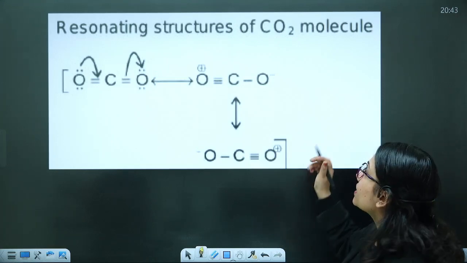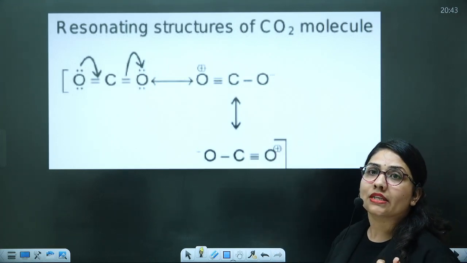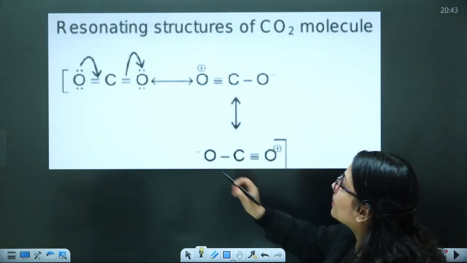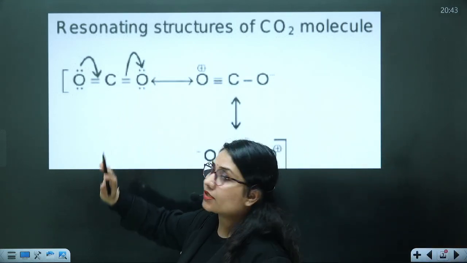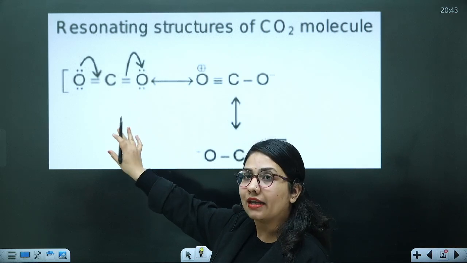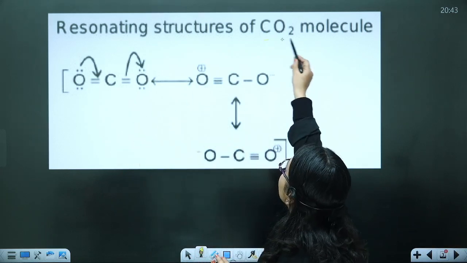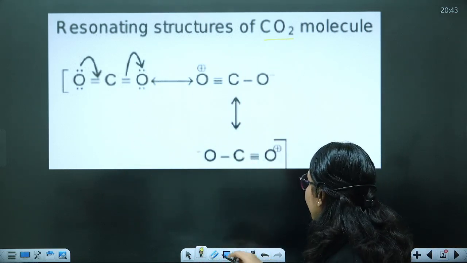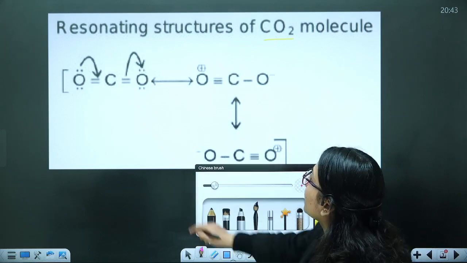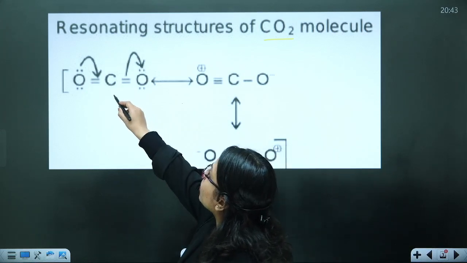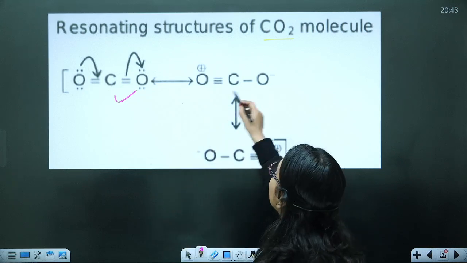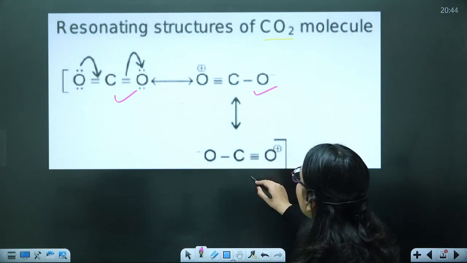Here we can see that carbon is present and two oxygens are present. This is carbon dioxide. This is the structure of the CO2 molecule. Now see here, we can draw this structure like that, and like this also, and that also.